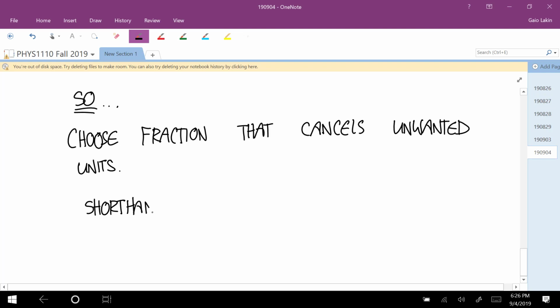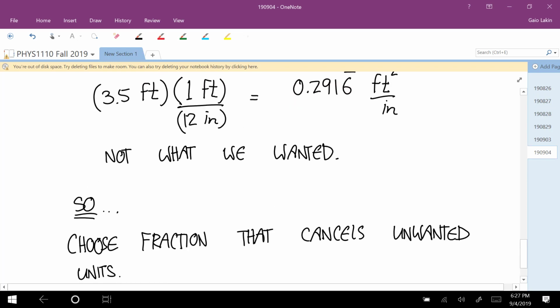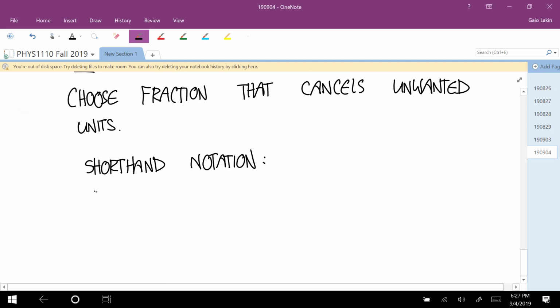But the shorthand notation that I'm going to use is what I wrote up here as 3.5 feet times 12 inches divided by 1 foot.